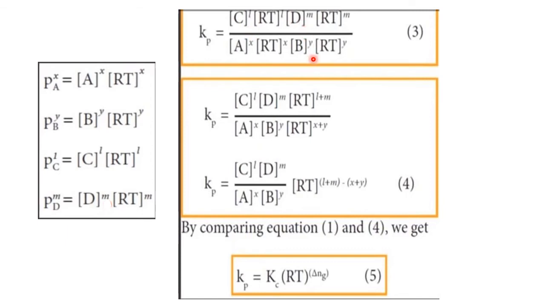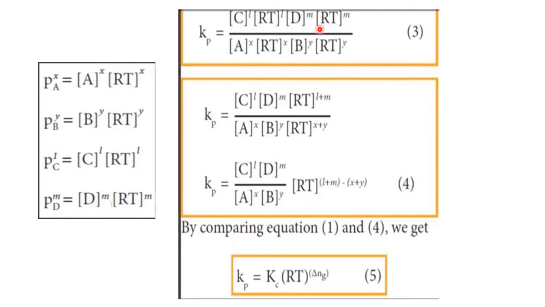RT is common to both the numerator and denominator, so we can take that separately and write the other terms separately: C power L into D power M divided by A power X into B power Y, into RT. Here one power L, here one power M. Since these are multiplications of the same base, we can add the powers.